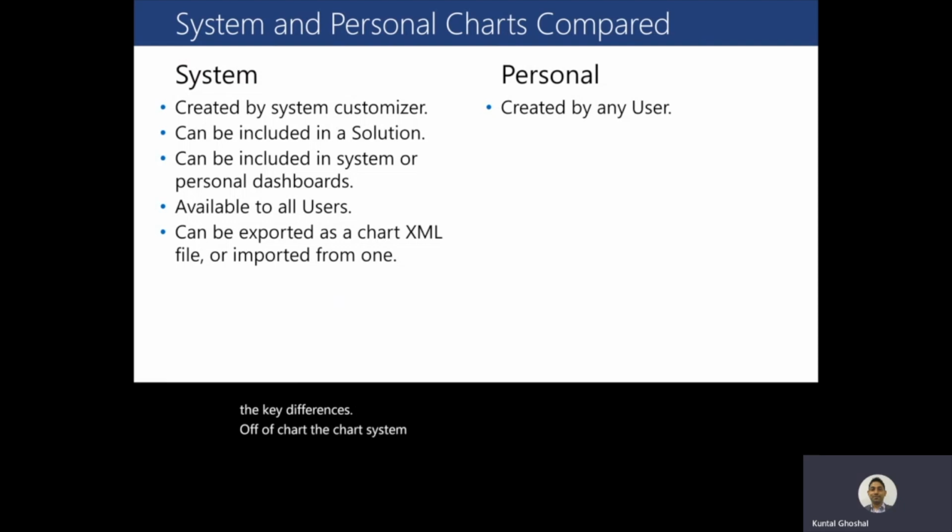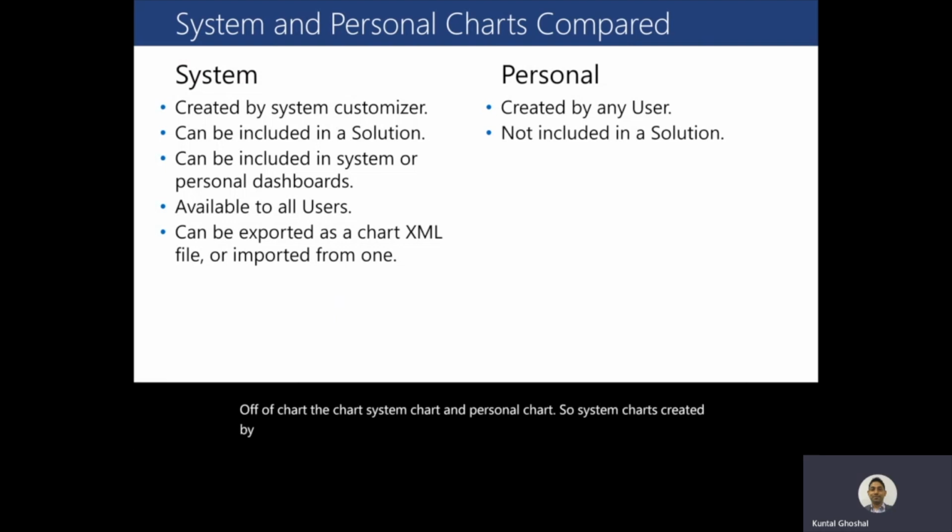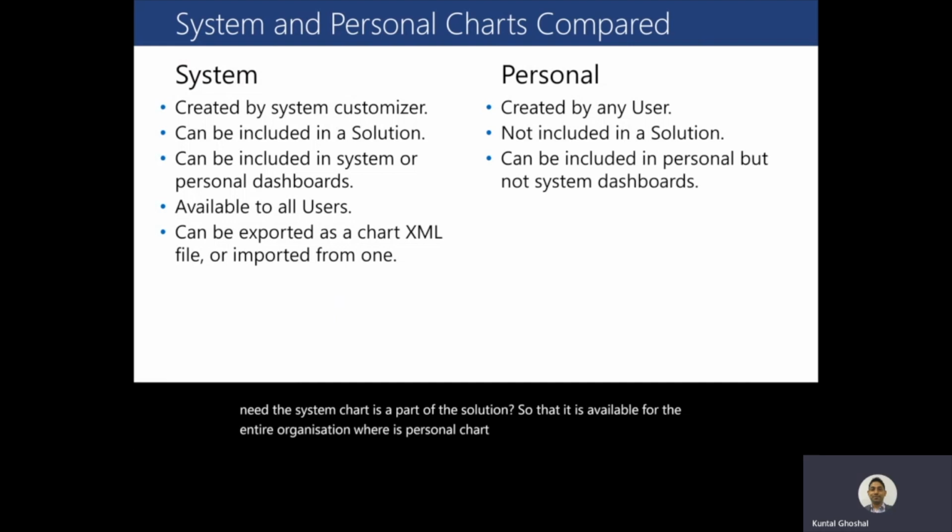System charts are created by a system customizer. A personal chart any user can create based on his individual need. The system chart is part of the solution so that it is available for the entire organization, whereas a personal chart is not included in a solution. A system chart can be included in a system or personal dashboard.